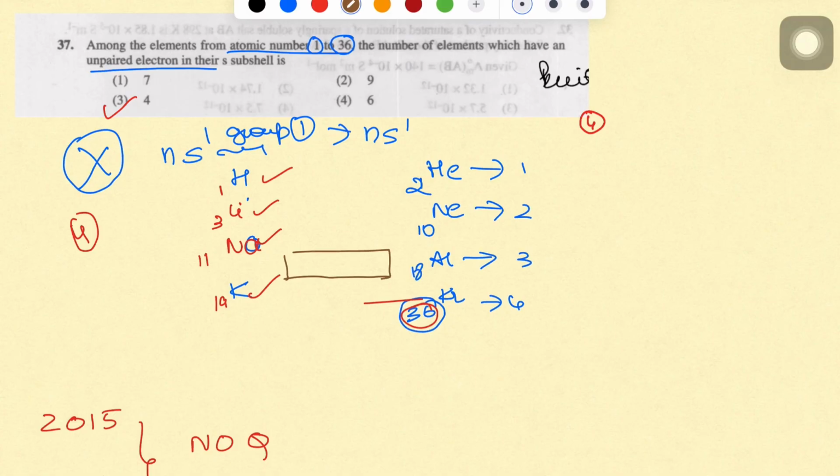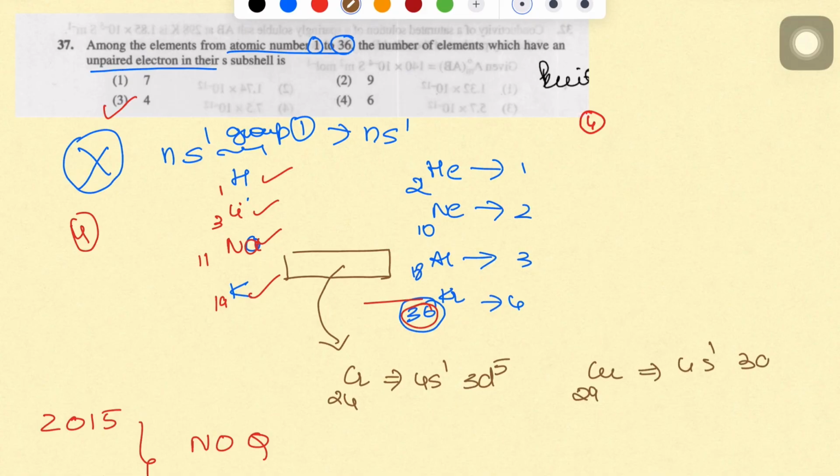and among the d block elements we have chromium, 24, which has electronic configuration 4s1 3d5. Also we have copper, 29, which has configuration 4s1 3d10.